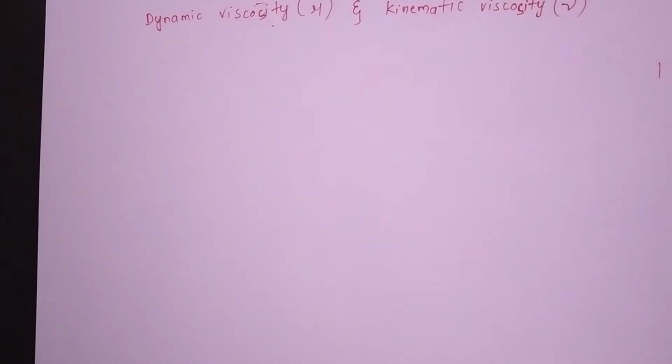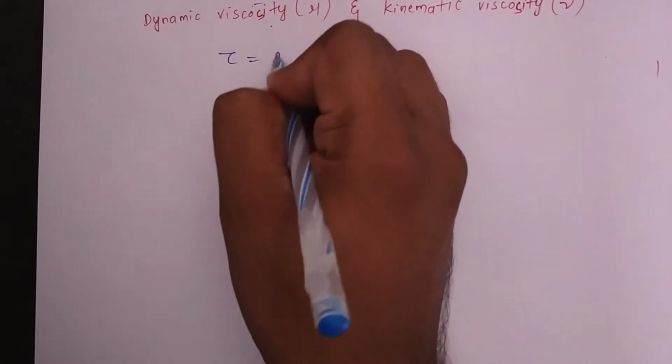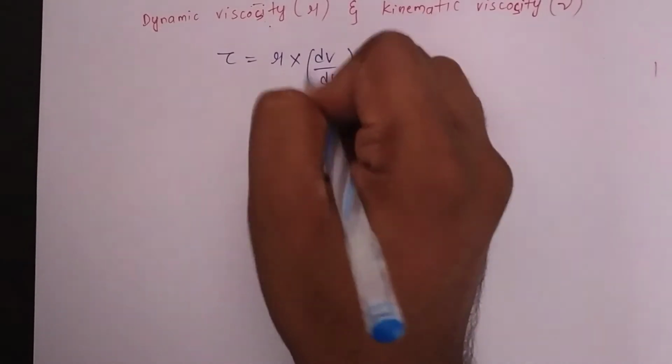In this video we are going to discuss units of dynamic viscosity and kinematic viscosity. According to Newton's law of viscosity, we know tau is equal to mu into dV by dy.